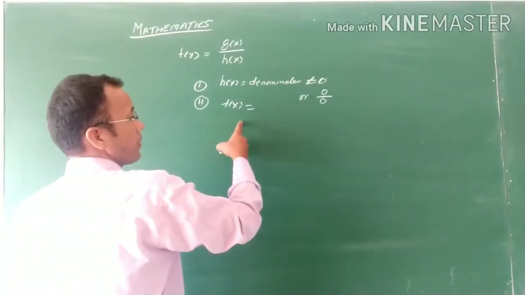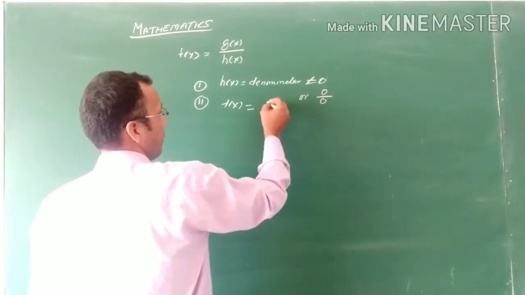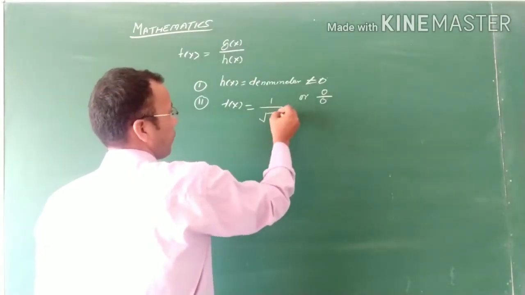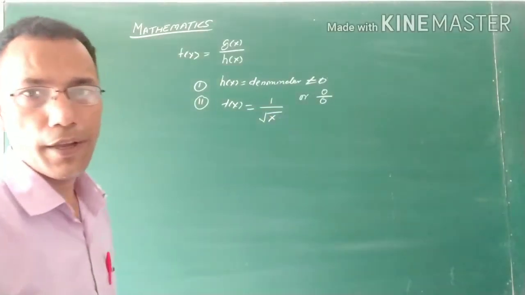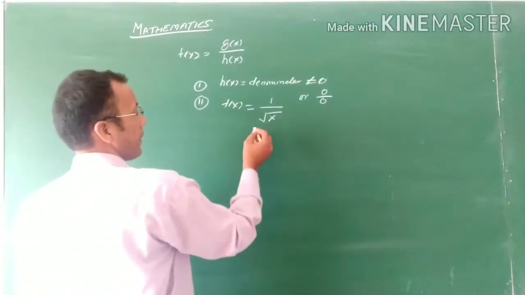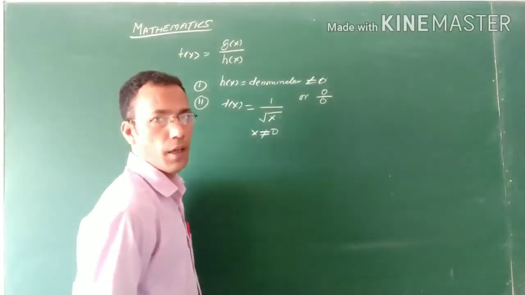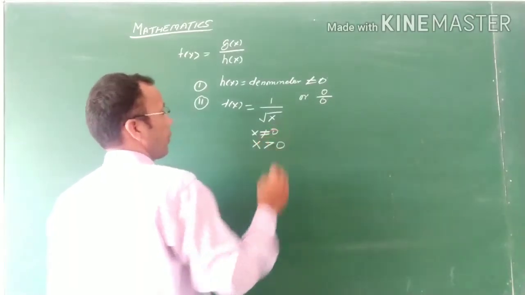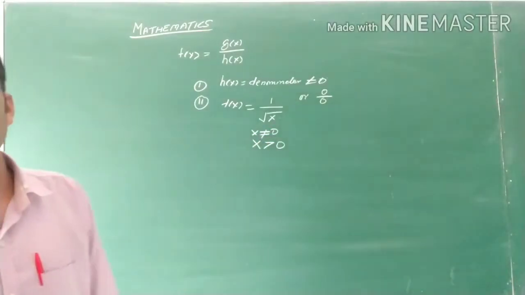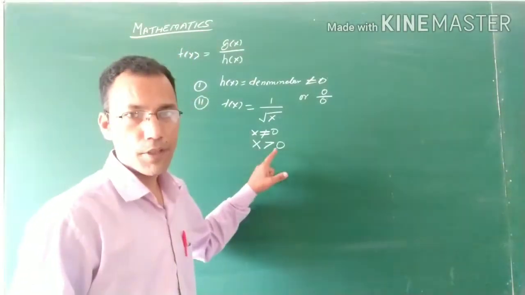And if f(x) is equal to 1 upon under root x, then in this case x is not equal to 0 in the first case, and then x must be greater than 0. Apart from not being equal to 0, x must be greater than 0.